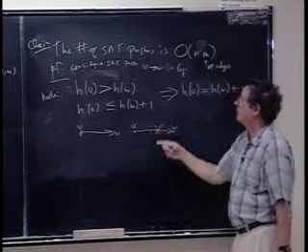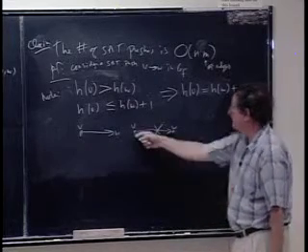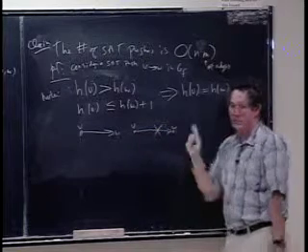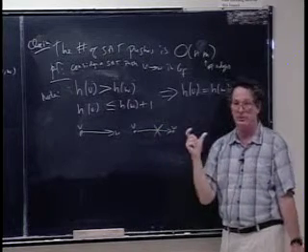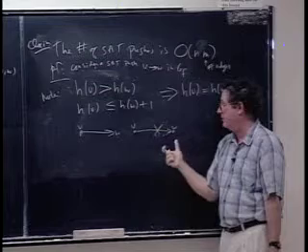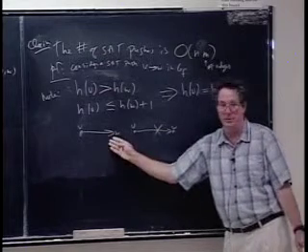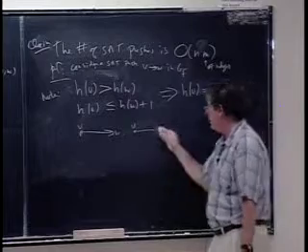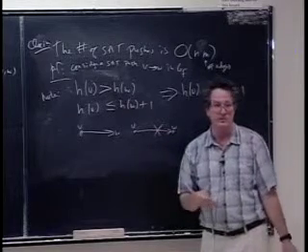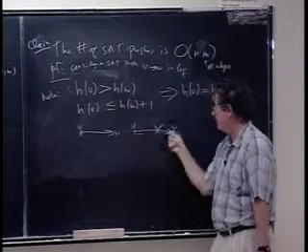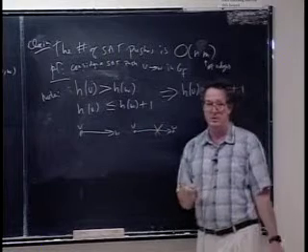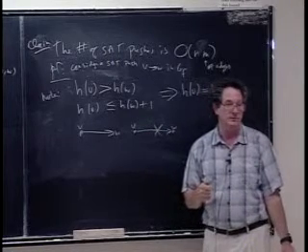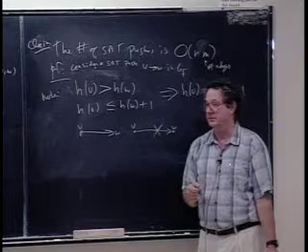I'm going to try to bound how many saturating pushes you can have from V to W along that specific edge. So we're focusing on a specific edge, and we're going to ask how many saturating pushes can you have from V to W. When you do a saturating push, that edge disappears from the residual graph. You can't do another saturating push along that edge until the edge comes back into the residual graph.